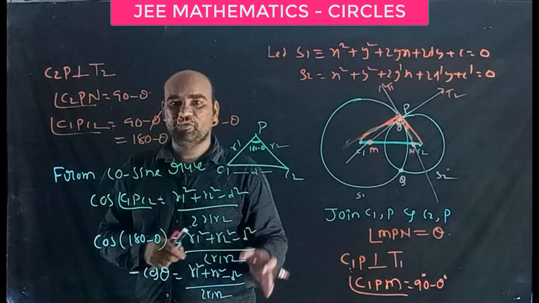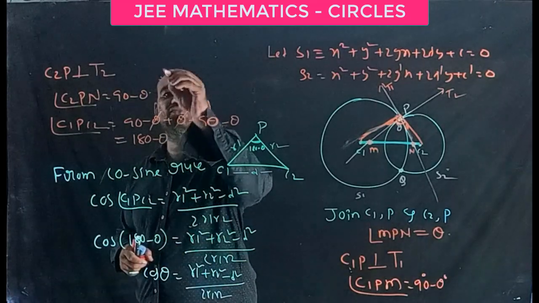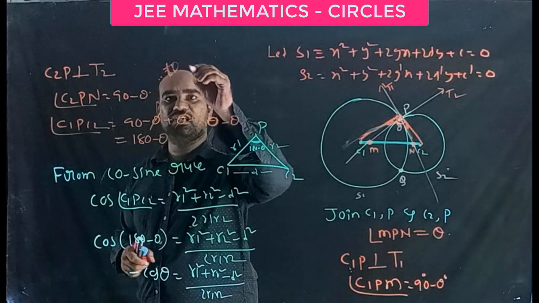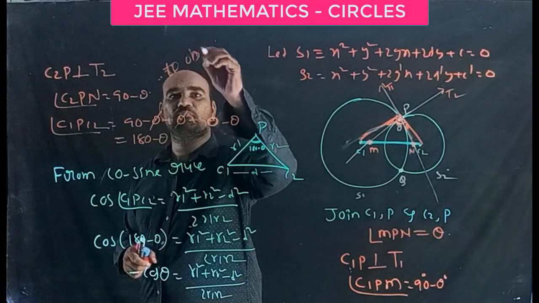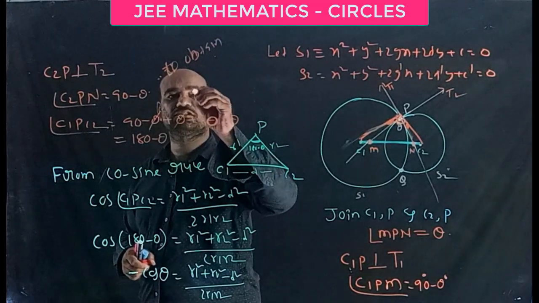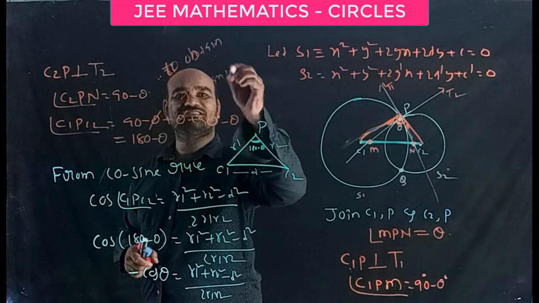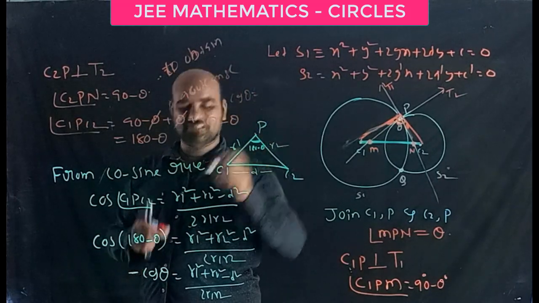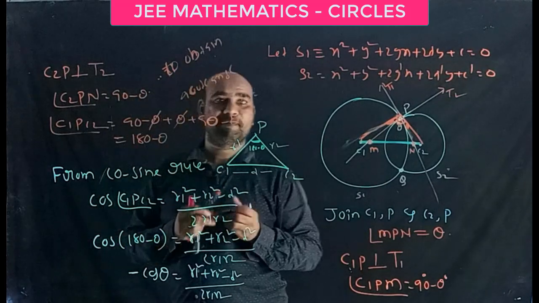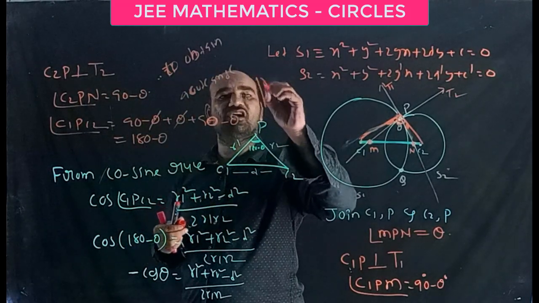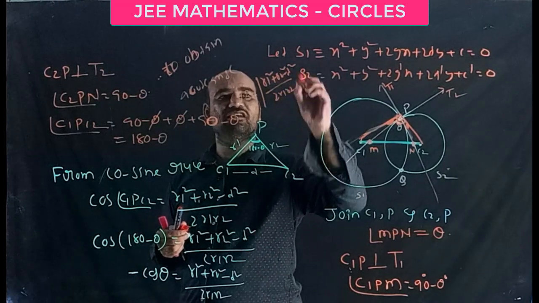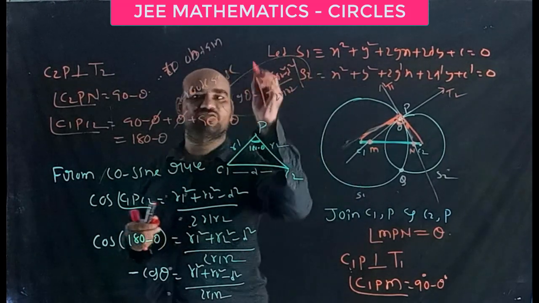Acute angle means cos theta should be positive. That's why, to obtain the acute angle, cos theta is taken as the modulus of R1 square plus R2 square minus D square by 2R1R2.